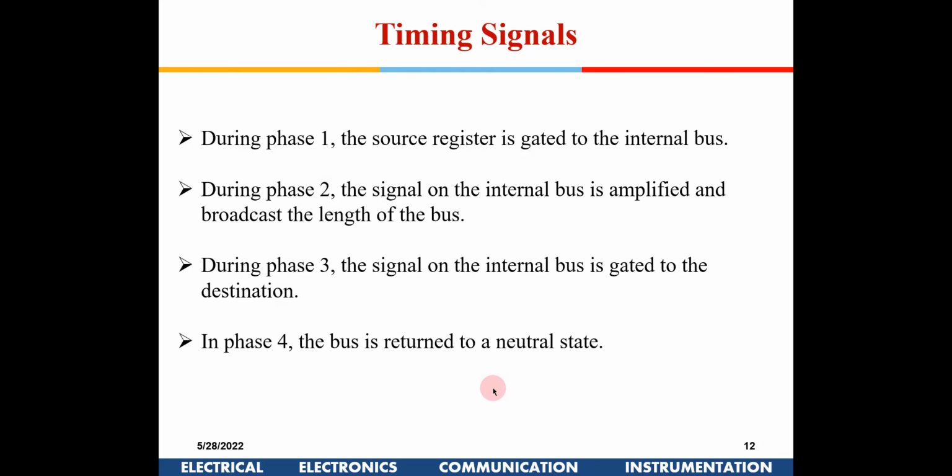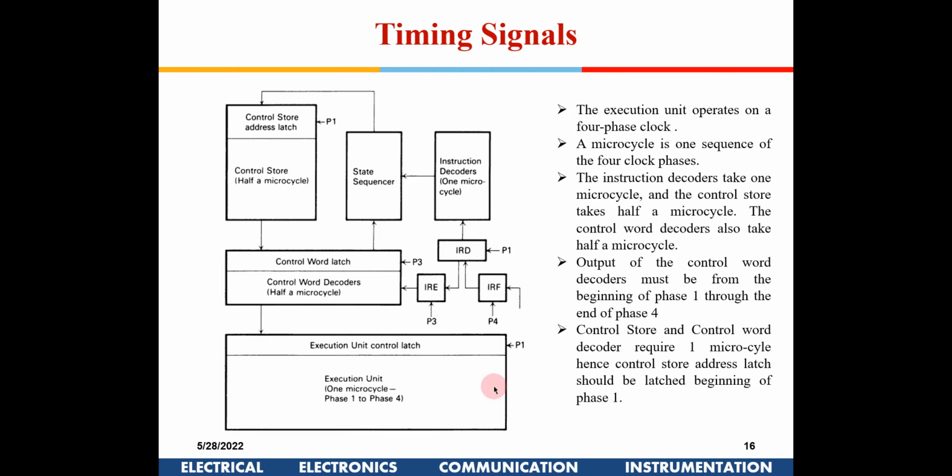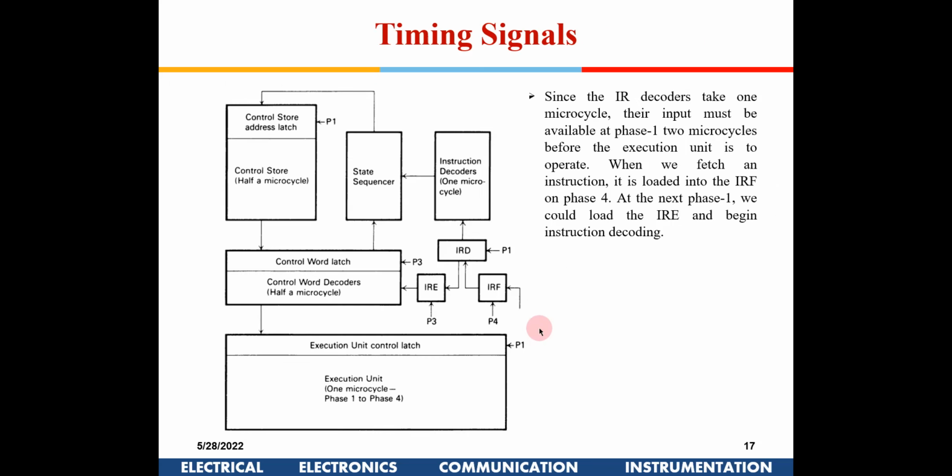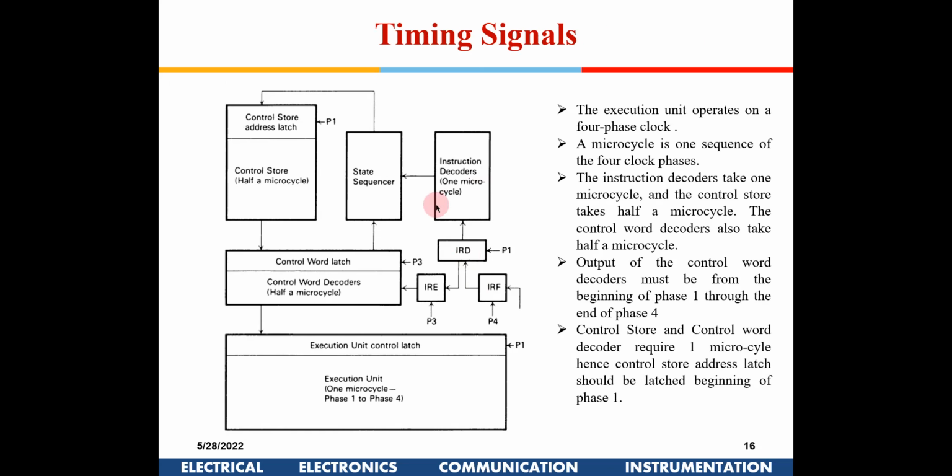So here this is going to take 1 full microcycle, right? And then this requires another half microcycle, and this requires another half microcycle. So by the time this signal comes from here to here, 2 microcycles are required.